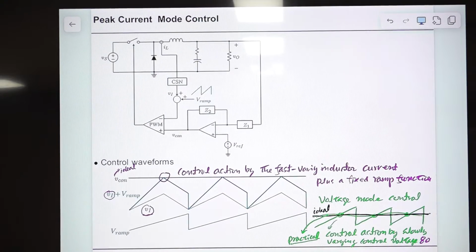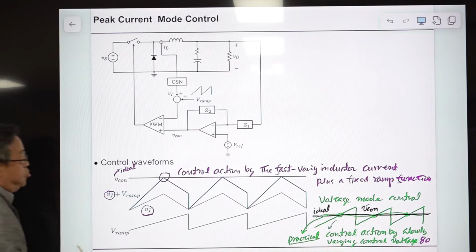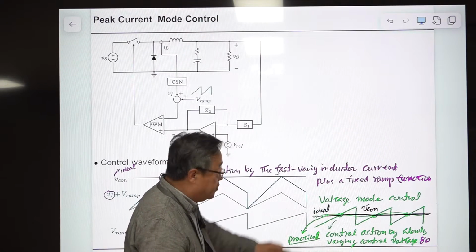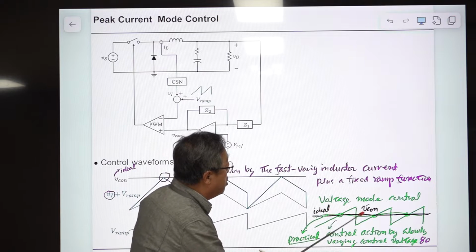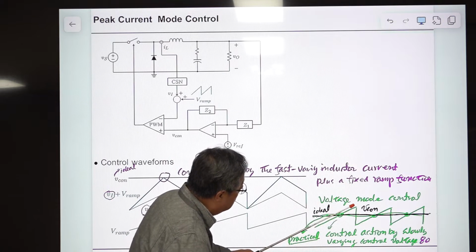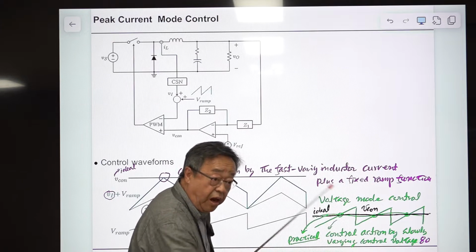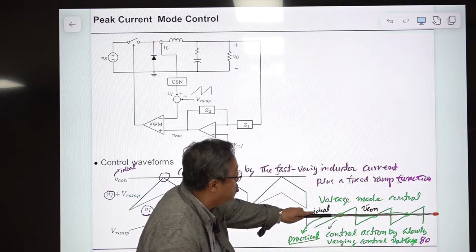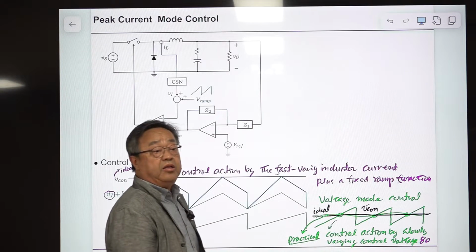For the ideal case, this control voltage is constant, so you have this horizontal line here and the switching action across here.